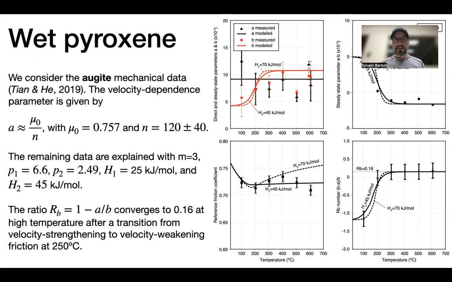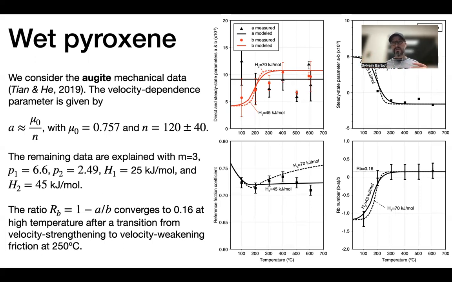And these experiments were conducted by Tian and He, published recently, that show a transition from velocity strengthening at room temperature to velocity weakening at higher temperature. And that can be captured with just 2 healing mechanisms. And you can see that there is a very small variability of the direct effect parameter A. So this can be explained with a constant value that will be the average.